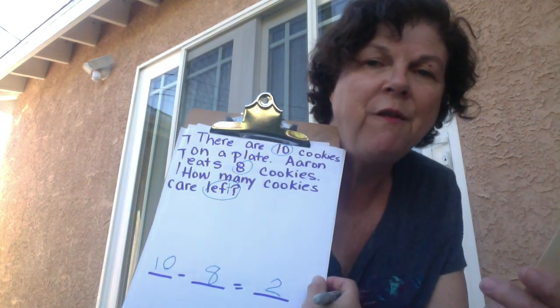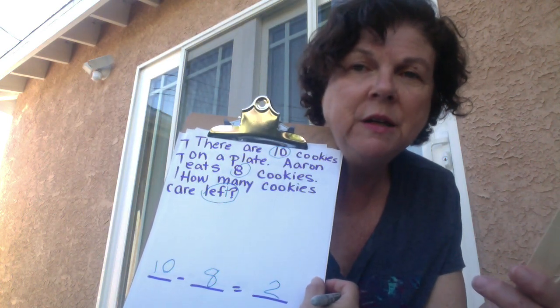Ready? 1, 2, 3, 4, 5, 6, 7, 8. Is that how many you had left? If you had 2 left and you put a 2 in that last blank, pat yourself on the back. You did a very good job. Okay.